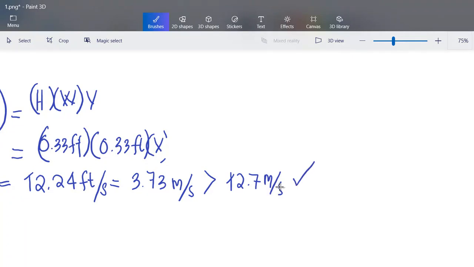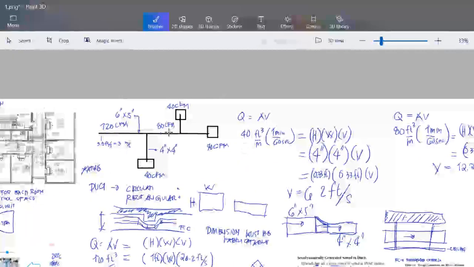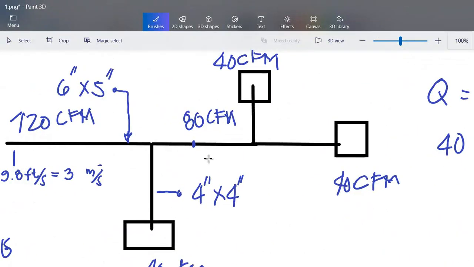So we can size this duct also at 4 inches by 4 inches.